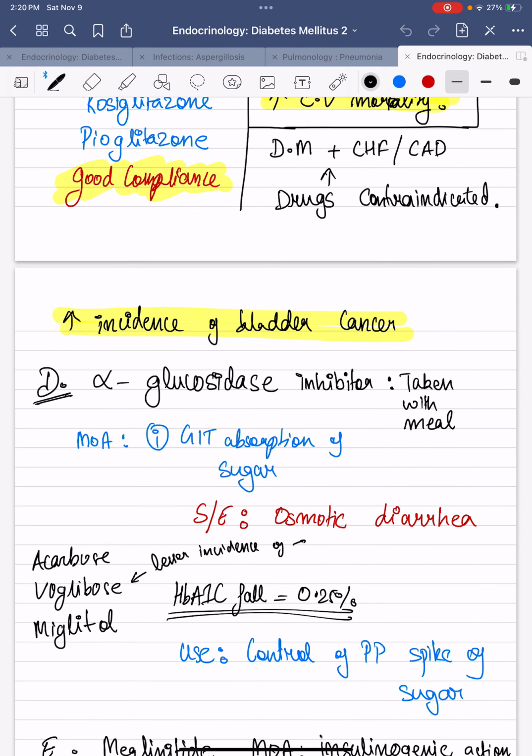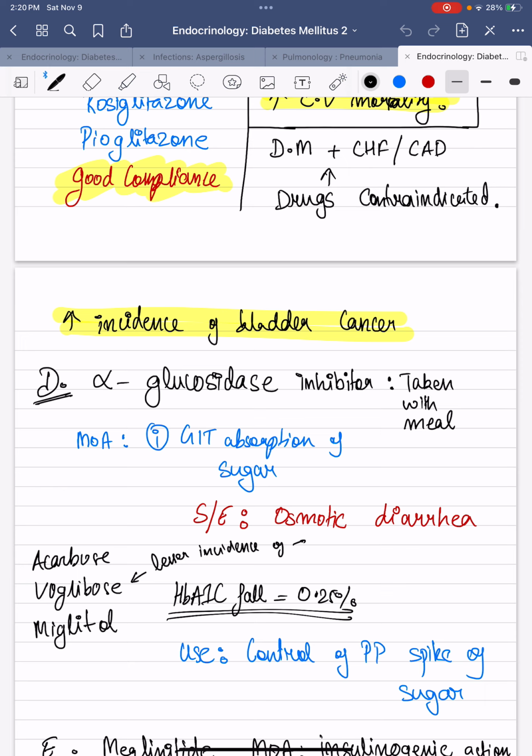Now, the fourth class of drug is alpha glucosidase inhibitors. These drugs are taken with the meals, and the mechanism of action is that it inhibits GIT absorption of sugar. So, as there is less absorption of sugar, like most of us can already think, the side effect is going to be diarrhea.